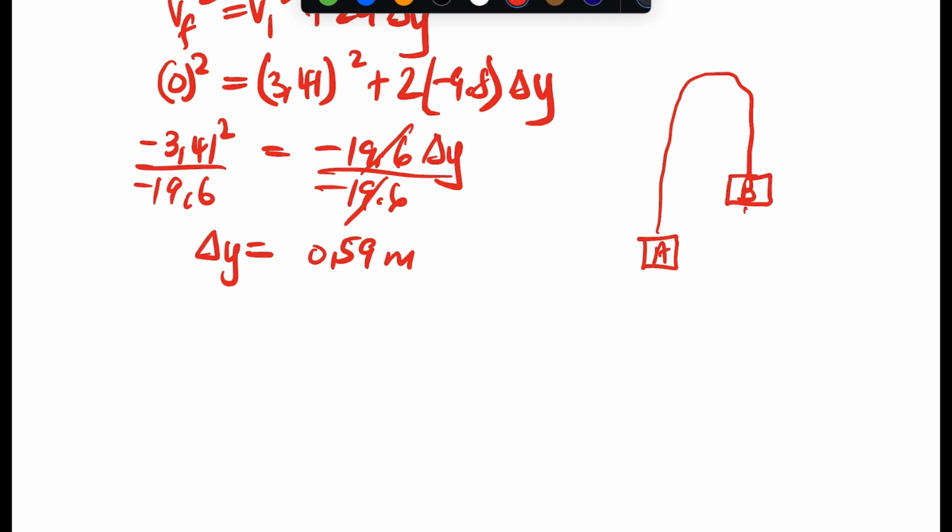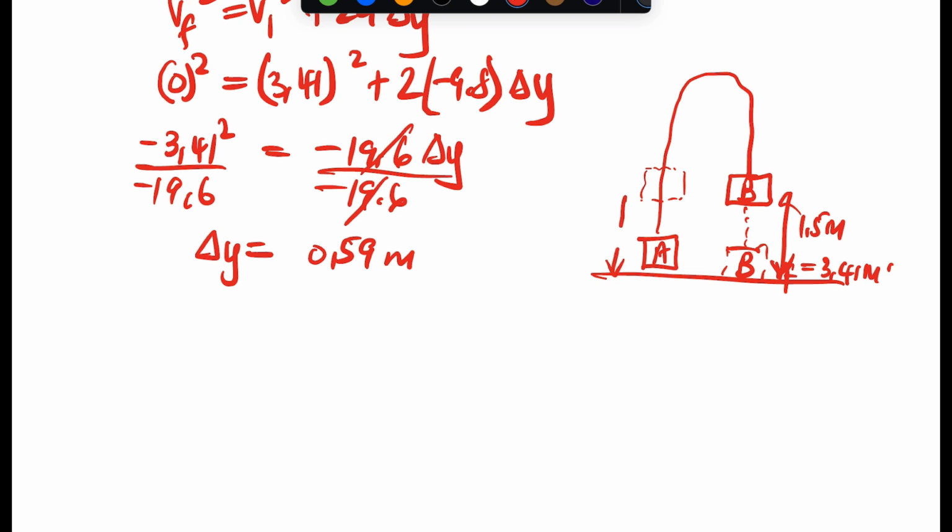When block B reaches the ground, it reaches with a velocity of 3.41 meters per second, and it travels this distance, that is 1.5 meters. So when it reaches the ground, block A will be 1.5 meters above the ground.